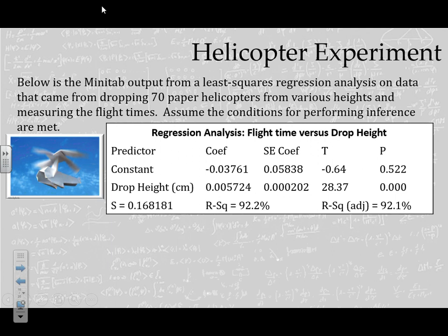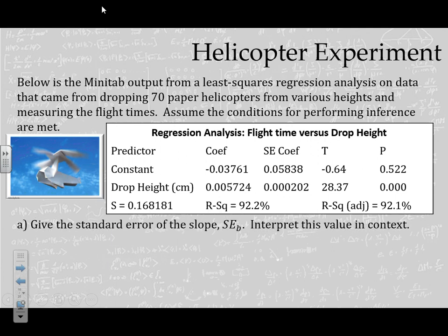So, if we were answering certain questions here, it says part A, give the standard error for the slope. And then interpret this value in context. So looking at that table there, what value would correspond to the standard error for my slope?